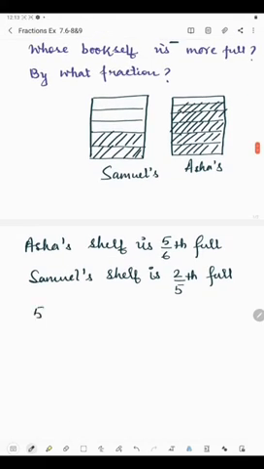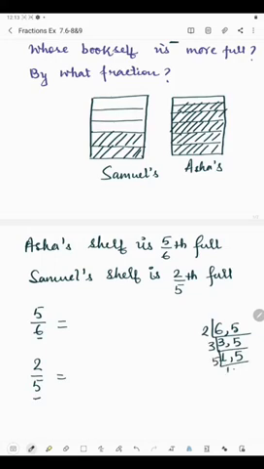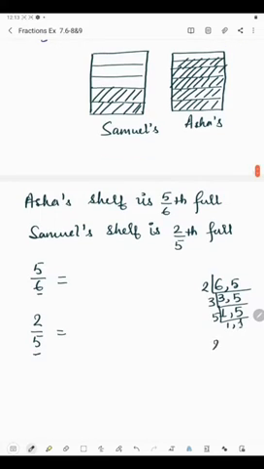So we will compare these two. Now how will you compare? We will just find the LCM of 6 and 5. So the LCM of 6 and 5 is: 2 3s are 6, 5 cannot be divided by 2, so it's 5. Then 3 1s are 3, 5 cannot be divided by 3, then 5 1s are 5. So it's 2 into 3 into 5, 5 2s are 10, 10 3s are 30.